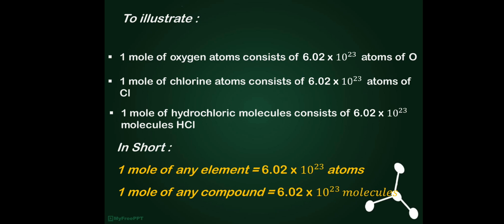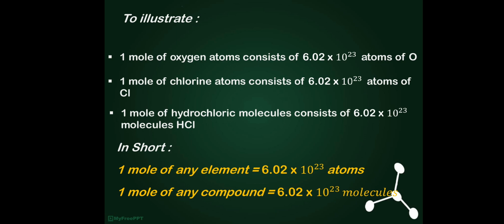So how can we say it in short? 1 mole of any element is equal to 6.02 times 10 to the power of 23 atoms, and 1 mole of any compound is equal to 6.02 times 10 to the power of 23 molecules.